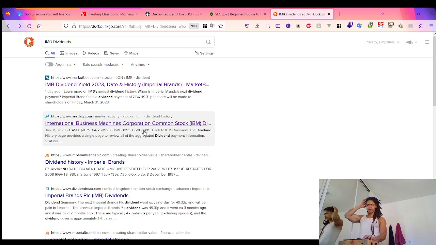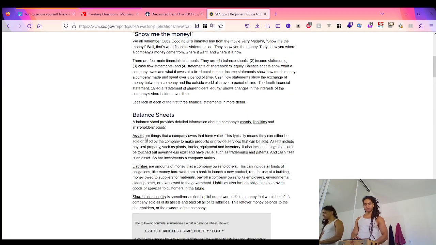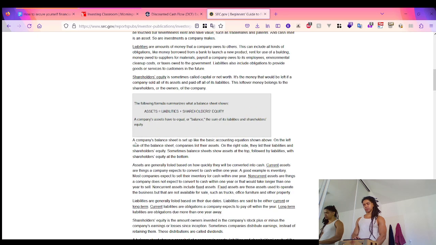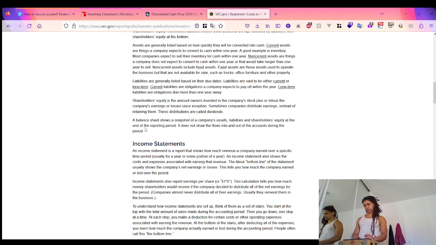So companies sometimes redistribute earnings instead of retaining them, and this distribution is called dividends. A balance sheet shows a snapshot of the company's assets, liabilities, and shareholders' equity at the end of a reporting period.